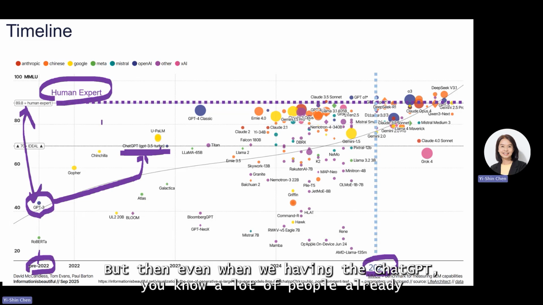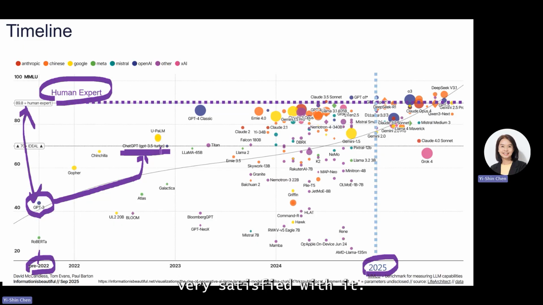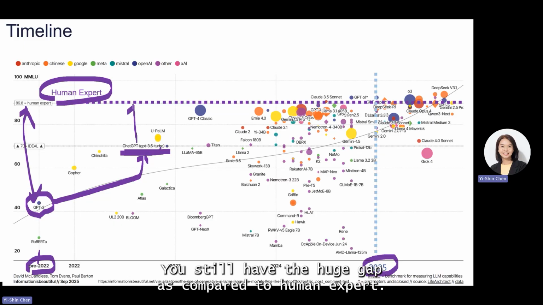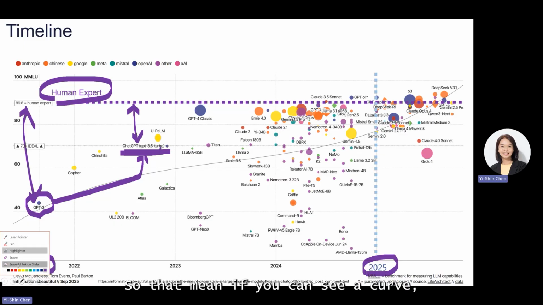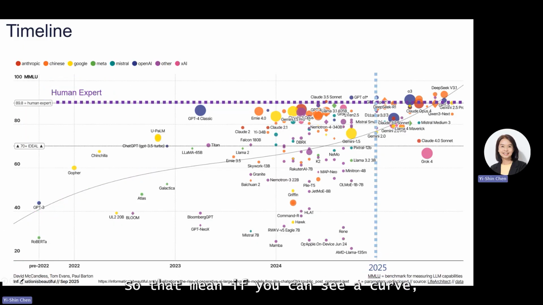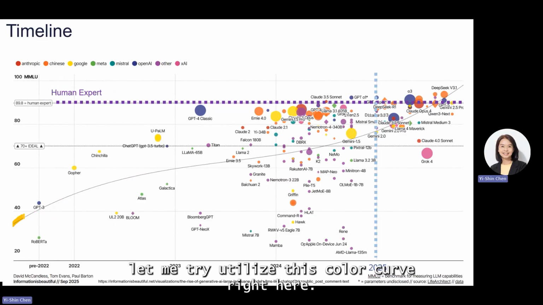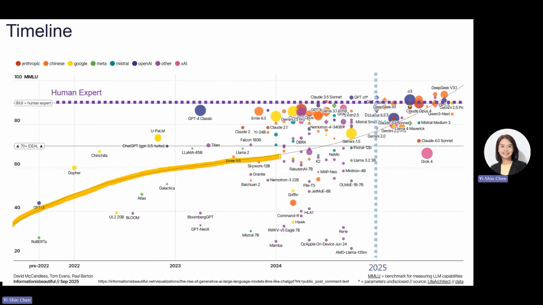Even when we have ChatGPT, and a lot of people are already very satisfied with it, it still has a huge gap compared to the human expert. But then you can see there's a curve right now. Let me erase, and try to slice this colored curve right here.